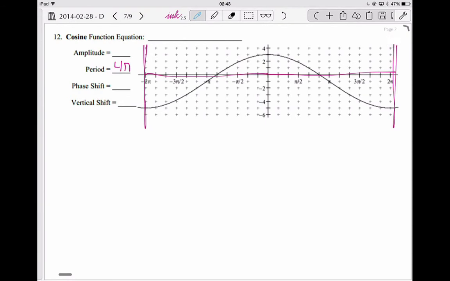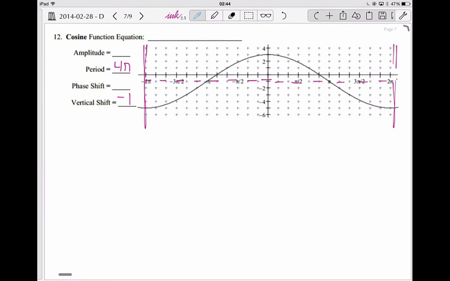Oh dear, but that line I just drew, that's not my center line. My center line is a little bit lower than that. My center line is here, and I'm just using my eyeball and counting little crosses. There. So that's at -1, which must be my vertical shift.